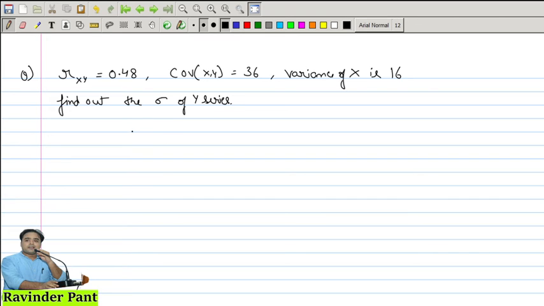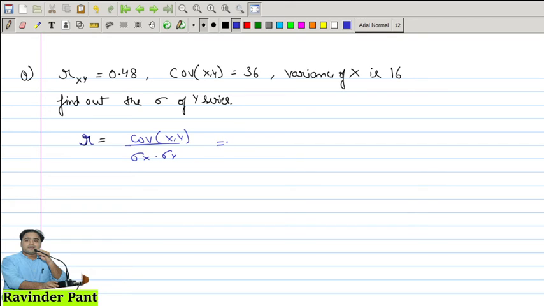Another easy question. You just need to put these into the formula, and you will get your answer. So the formula says that R is equal to covariance of x and y divided by standard deviation of x, standard deviation of y.